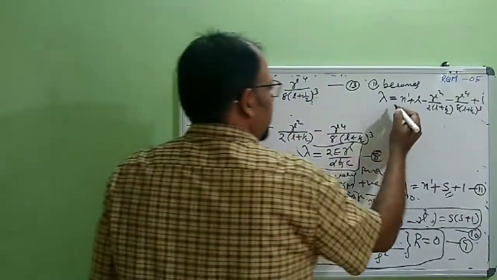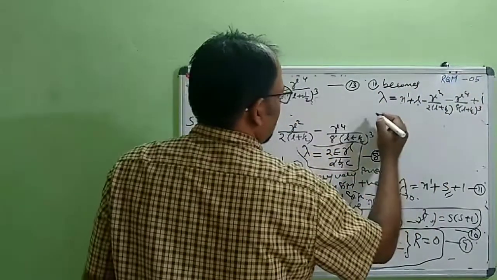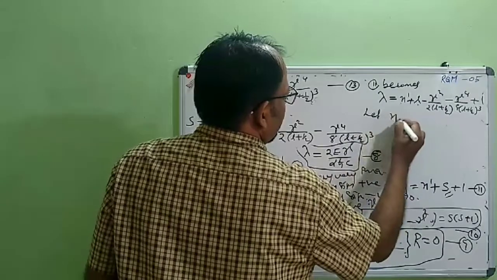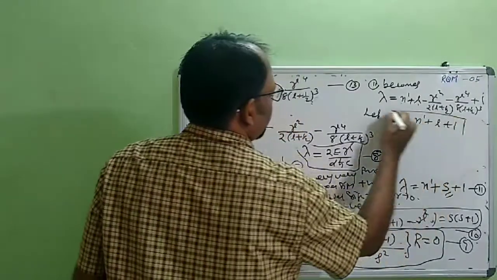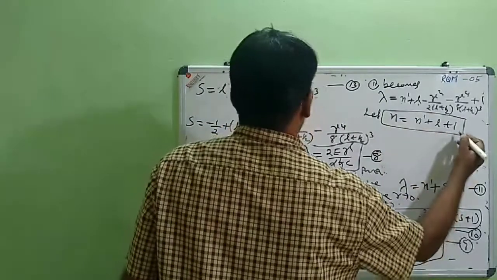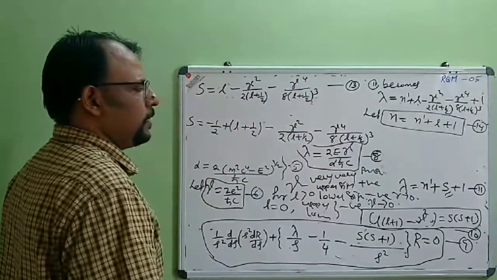So here we will be getting n dash plus L plus 1. Let n equal to n dash plus L plus 1. This is equation number 14. I am substituting n as n dash plus L plus 1.